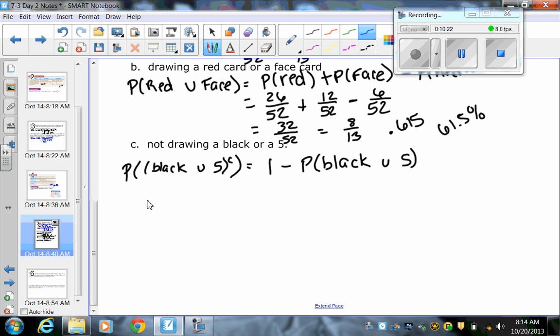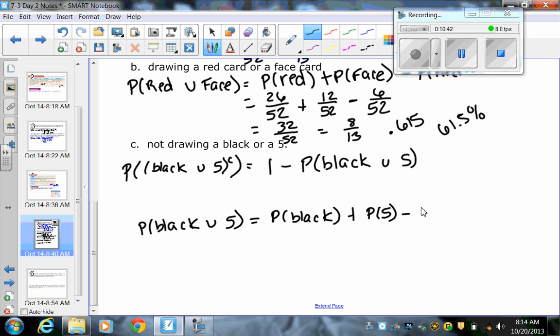So if I find the probability of a black or a 5, that's going to equal the probability of a black plus the probability of a 5 minus the probability of a black and 5.